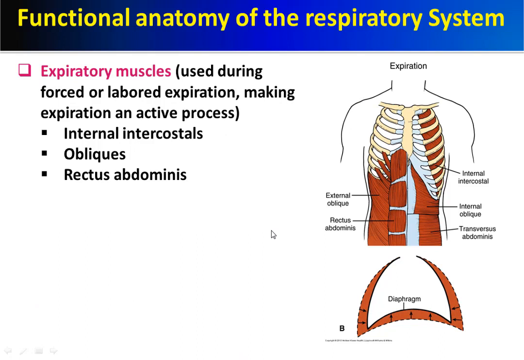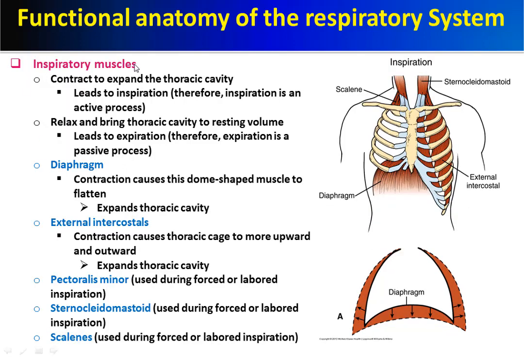Now, the expiratory muscles are not used during normal resting expiration. We do not need muscles to contract during normal resting expiration, when air gets out while we are resting. All that happens is that the inspiratory muscles relax.